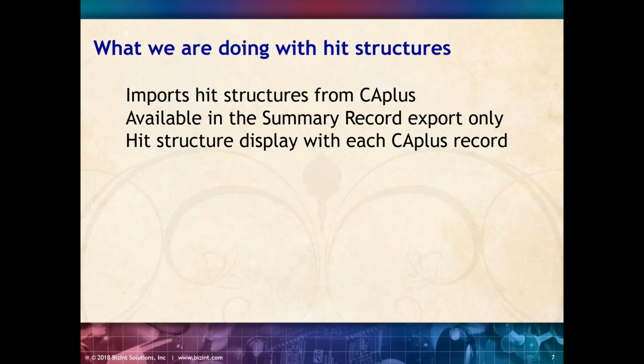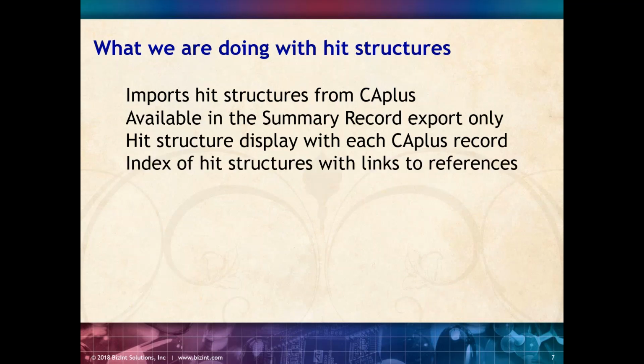There's a hit structure display at each CA+ reference, and then an option to have an index with links to those references. And if you don't want to see the hit structures reproduced at each of the references, but you would still like to have linkage back and forth to the index, you can include just the index terms, and each registry number will then be a link back to the index.